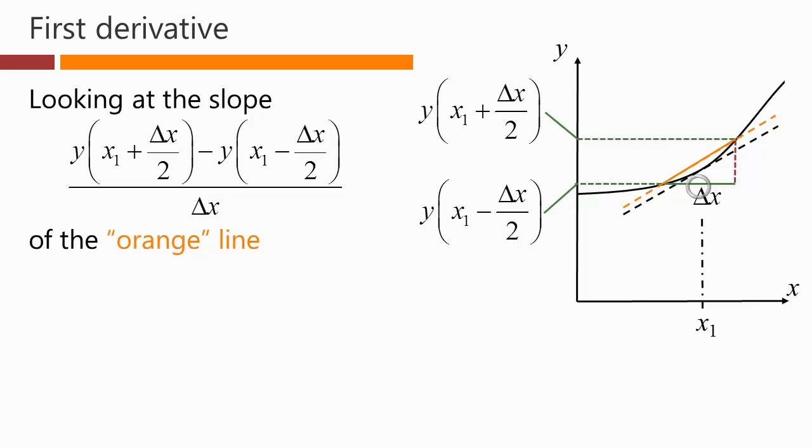This point here is x1 minus delta x over 2. And this point here is the point x1 plus delta x over 2. So by definition, the value of y at this point is y of x1 plus delta x over 2.